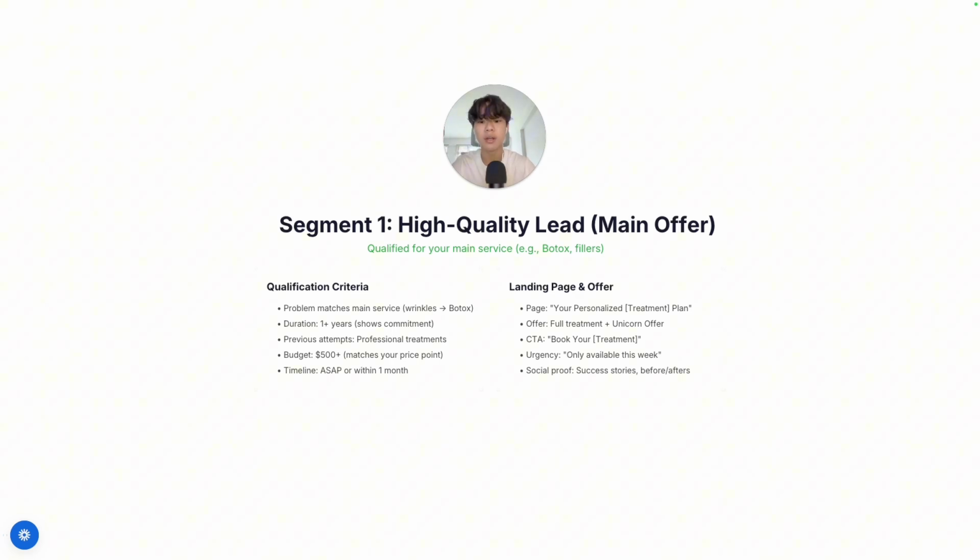They have tried different treatments in the past and they want to fix it ASAP. It's like an emergency. This is a high quality lead, and you want to funnel them into your main offer, which is offer 1. Then you can have your specific landing page or booking link for it, and this is where the high quality lead people will go. All right, sweet, easy to understand.